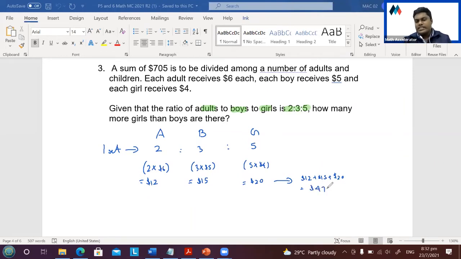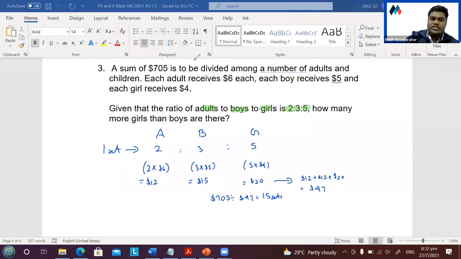So if one set has $47, how many sets will have $705? So just take 705, not minus, 705 divided by $47. Okay, you will get 15 sets.